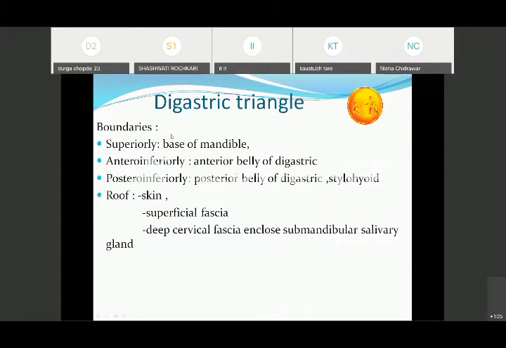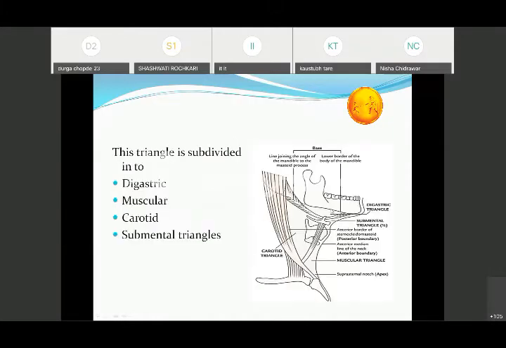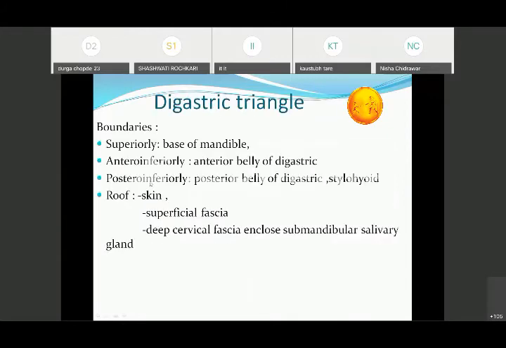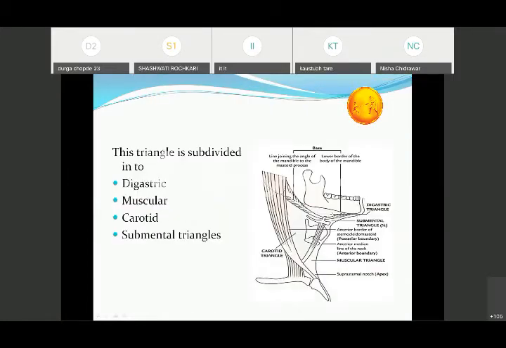So the boundaries of this triangle: superiorly, there will be the base of mandible. Here you can see the base of mandible. Antero-inferiorly, the anterior belly of digastric. Here you can see this is the anterior belly of digastric.